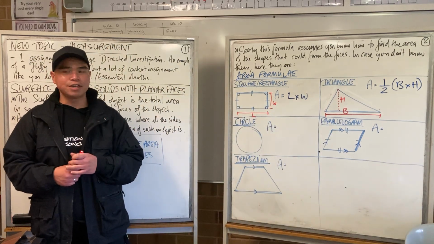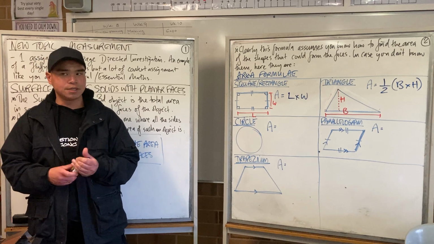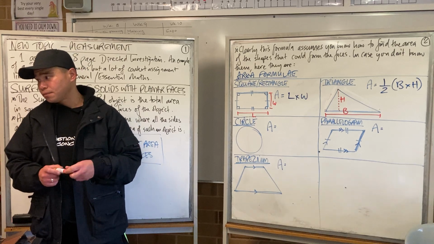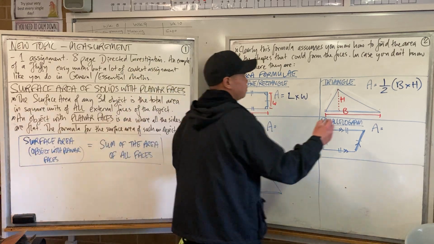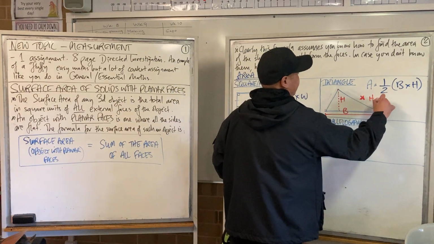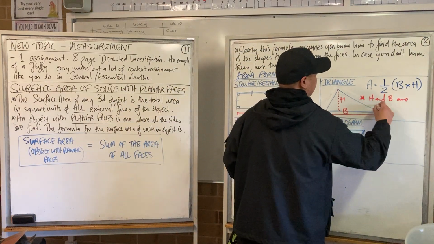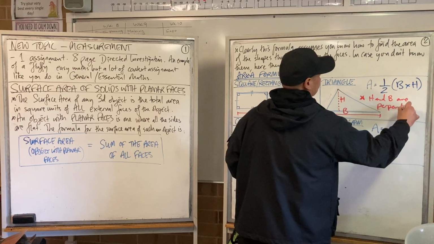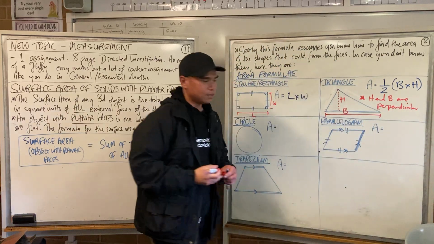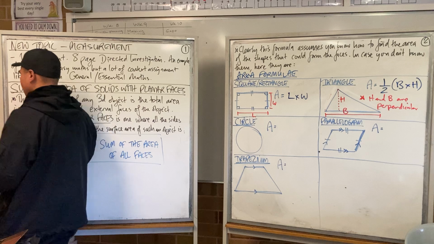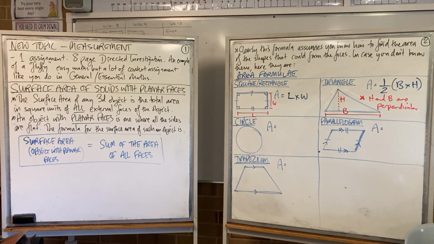What's the word for that? You just did it in your test. It starts with a P. Perpendicular. So just be wary, H and B are perpendicular. Right, can you get the triangle and the rectangle formulae, please? You'll be hammering these.